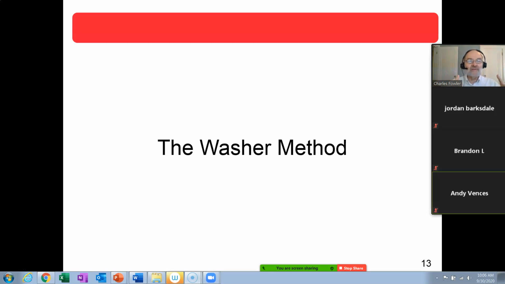The first way we did was called the disk method. What you have there is a volume of rotation. You have some curve that's revolved around the horizontal axis or around the vertical axis.